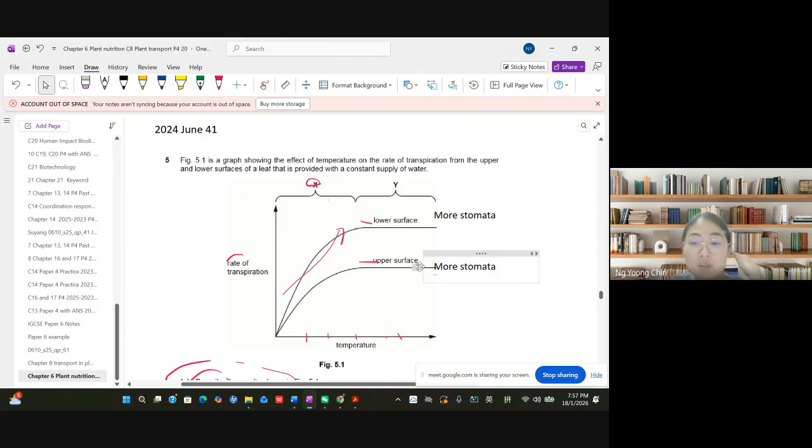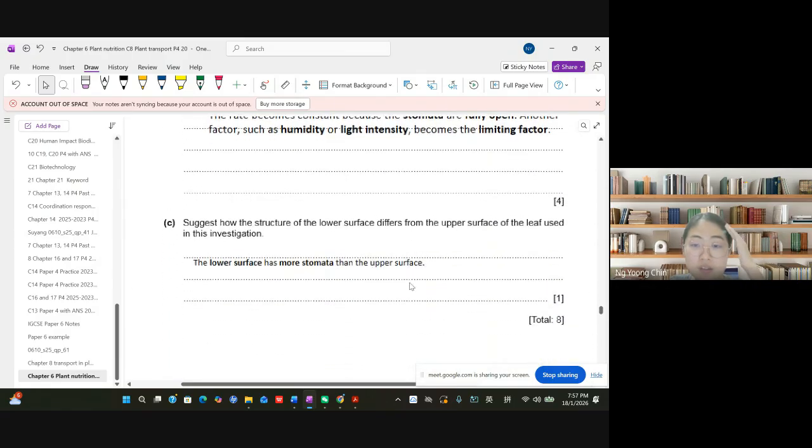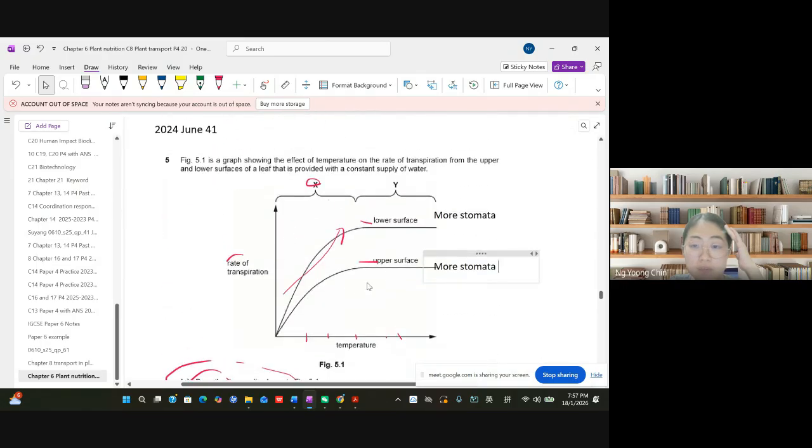That's why overall, the rate of transpiration in the upper surface is lower than in the lower surface. This shows you about this one. So the lower surface has more stomata than the upper surface, because the rate of transpiration is higher in the lower surface than in the upper surface.